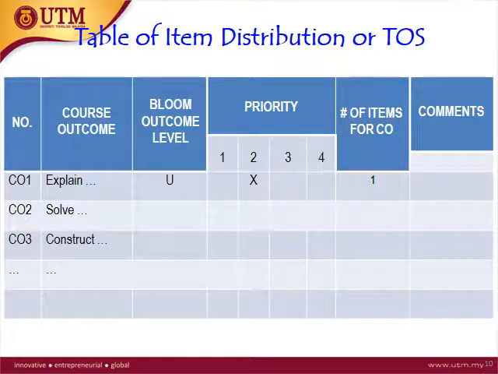Now this table helps us to align outcomes, instructions and assessment. Actually the TOS can be used for a variety of assessment methods, but most of the time it is commonly associated with constructing test items.